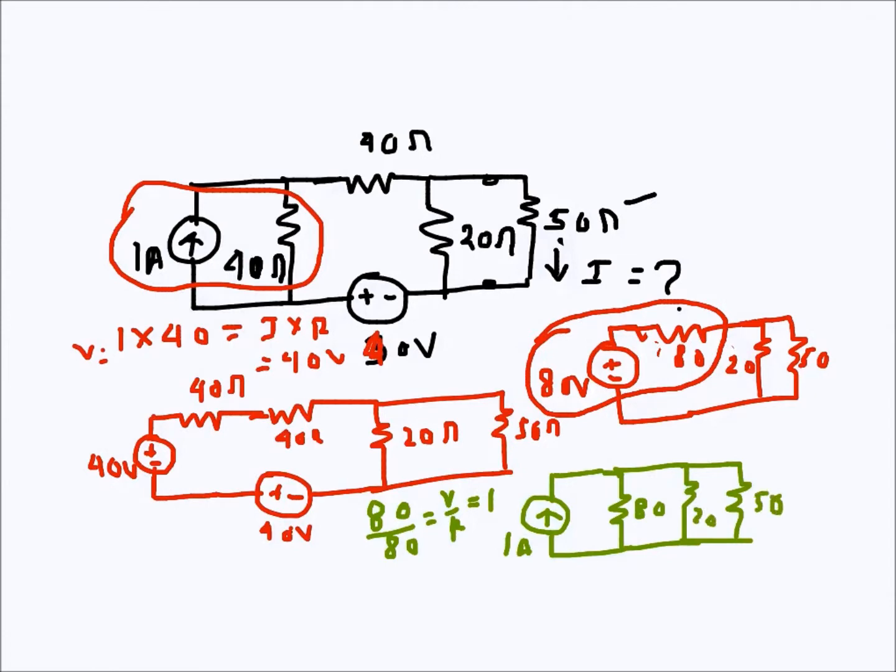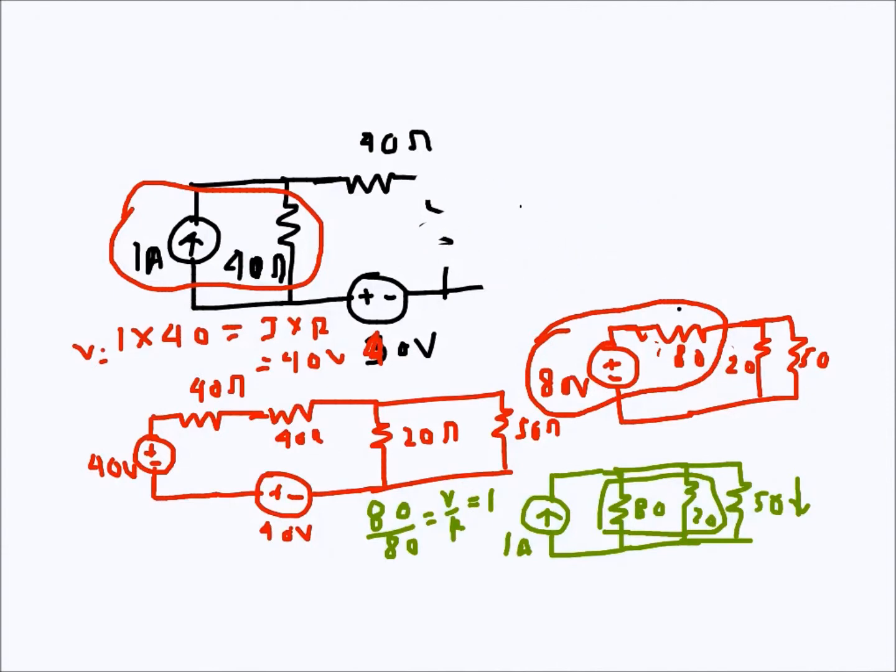We need to find the current through 50 ohms, so we can find the equivalent resistance of this parallel combination. I have to erase this on the top part. So from here I am going there.